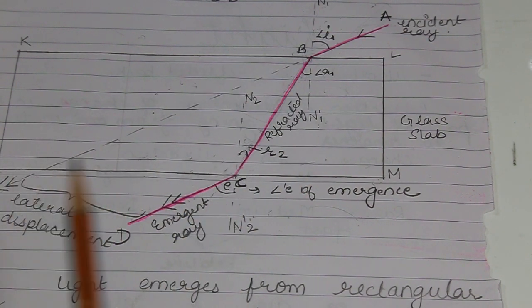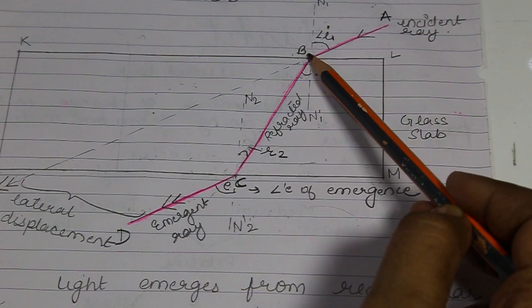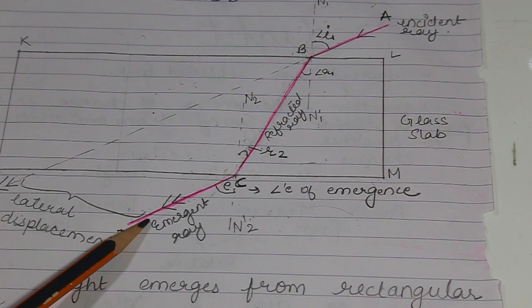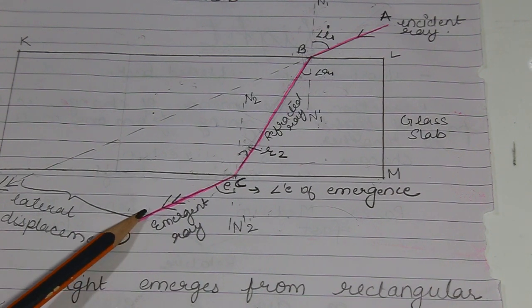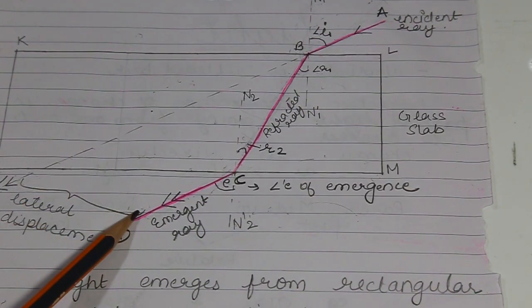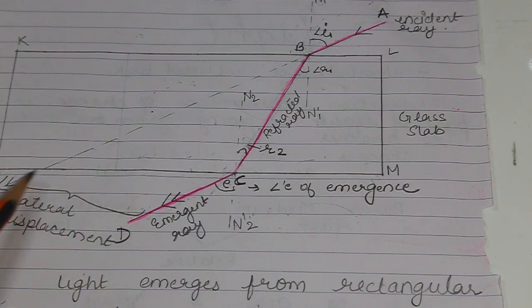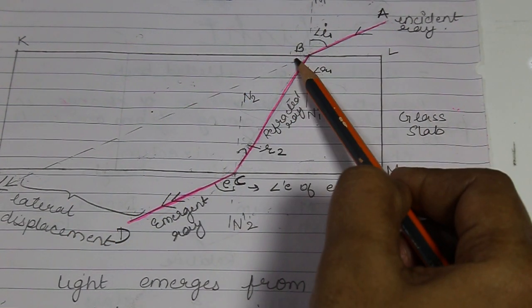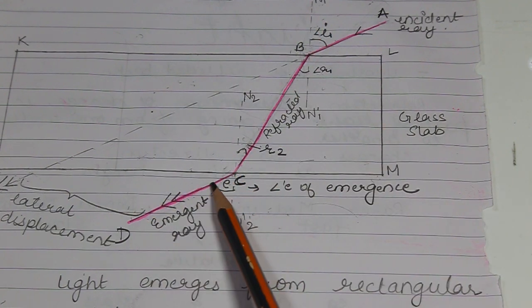We also observe that light, when it emerges out as an emergent ray from the rectangular glass slab, is in the same direction and parallel to the one in which it entered the glass slab. So light entered as AB and emerged out as CD.